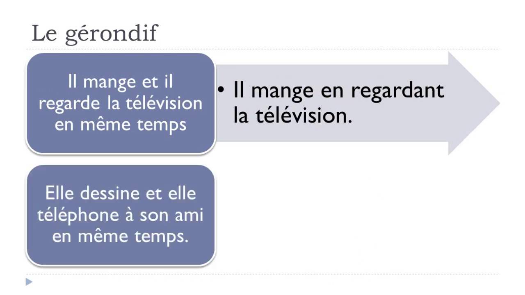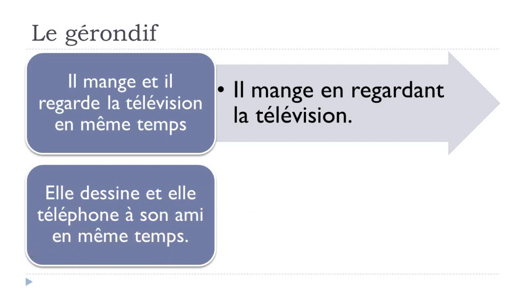And then the second example that we could have here, elle dessine et elle téléphone à son ami en même temps. Okay, so dessiner is to draw, téléphoner, to phone, à son ami, at her friend, en même temps, at the same time.